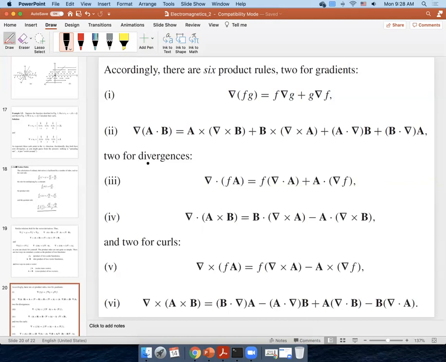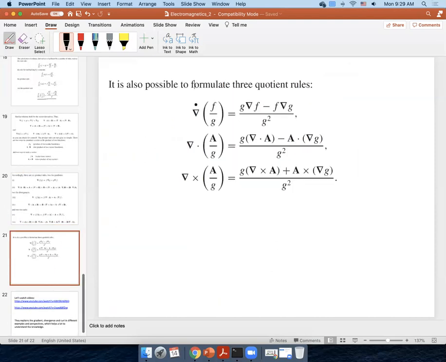And there are some similar operations for divergence and for curls. They're all shown in the slides and also in the list. And let's see the quotient rules. For the quotient rule, a scalar function over another scalar function can be written in this way.